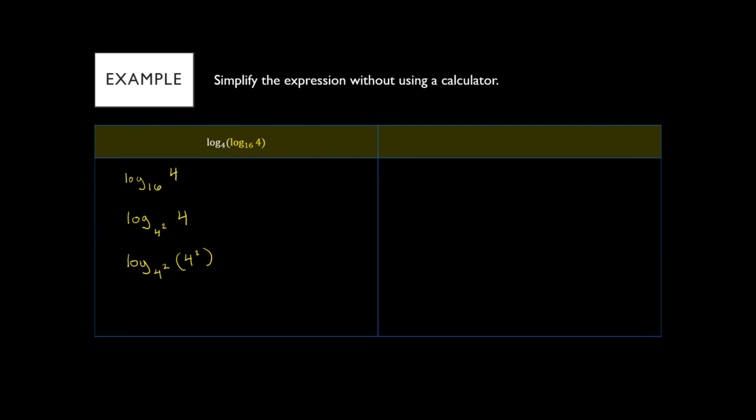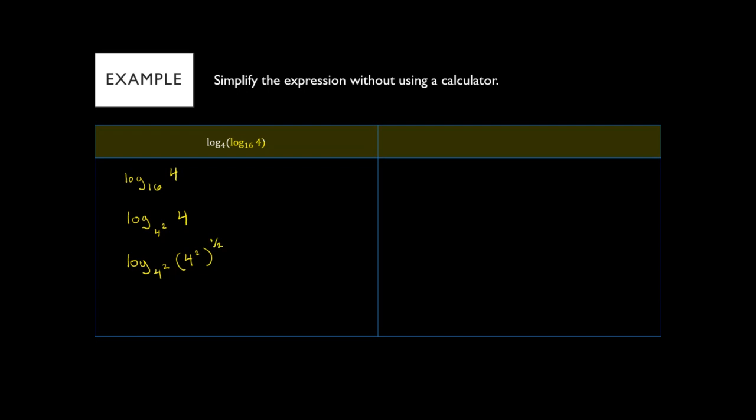And I want 4 squared as my base. So this is to the positive 1/2 power. So this is taking some really creativity. This is really creative, takes some brain power.